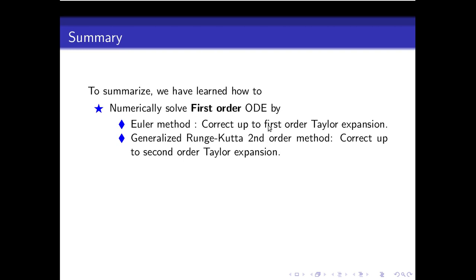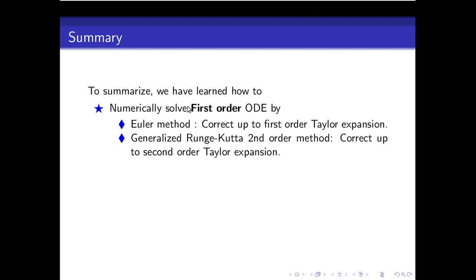Remember that here first order, second order actually refer to the Taylor series expansion, and not to the order of the ordinary differential equation. We are always trying to solve first order ordinary differential equations. We are not talking about second order differential equations or something like that.